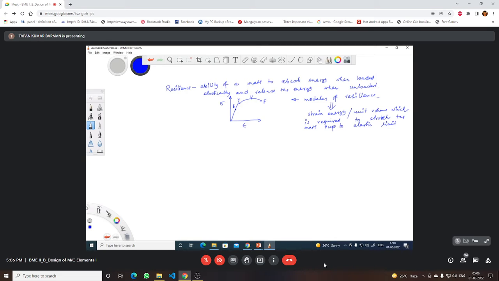So what is modulus of resilience? It is the strain energy per unit volume that is required to stretch the specimen up to elastic limit.